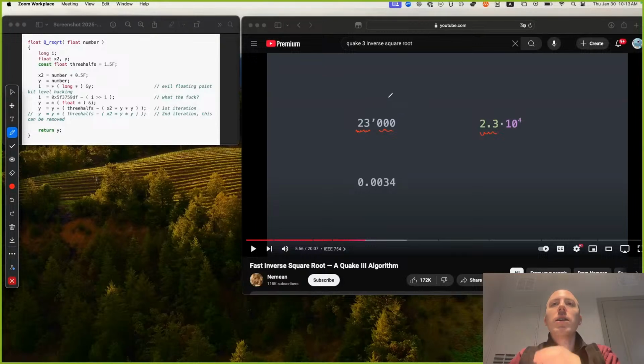That's like 10 to the 3 basically. And this thing is like something like 10 to the negative 2. Yeah, it's just interesting how this encoding works.